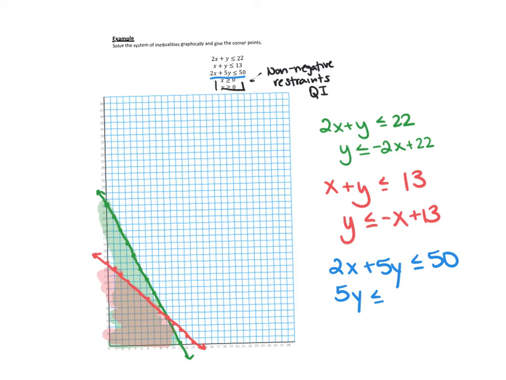So that's a negative 2x, and that's plus 50. And I'll divide everything by 5. And I get y less than or equal to negative 2/5 x plus 10. So here I'm going to plot 10 first. This time the slope says go down by 2 over by 5.